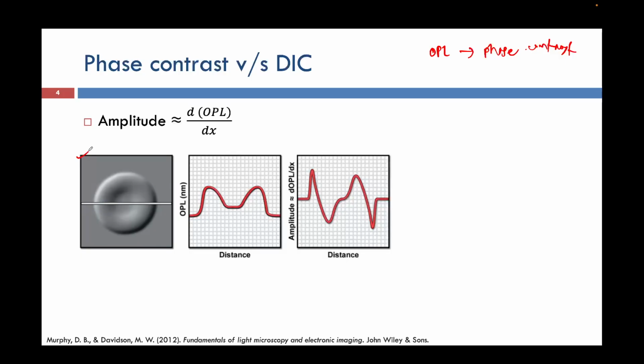The name comes from differential interference microscopy. The differential term comes from the fact that we are taking the derivative of the gradient of the optical path length. That is why the name comes. This is what differential means.